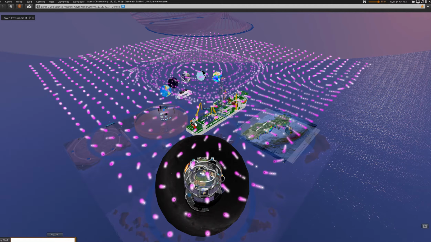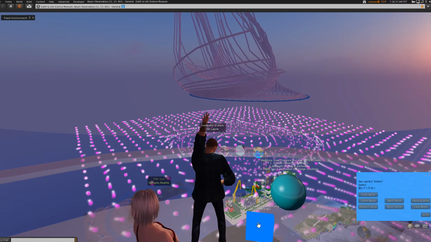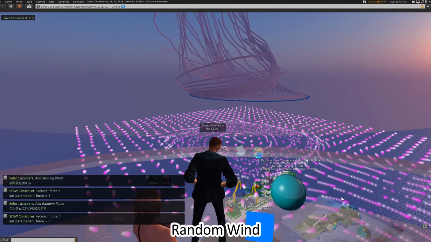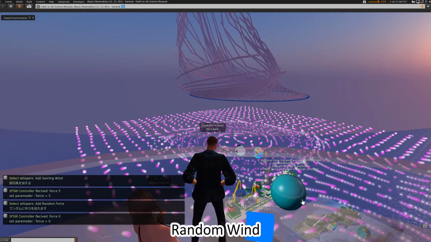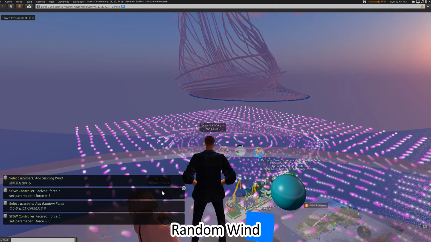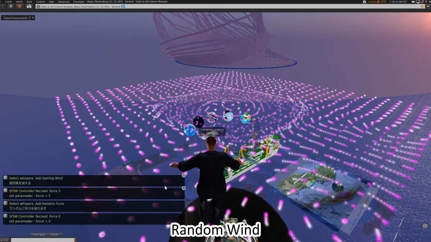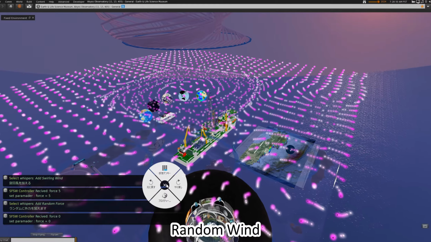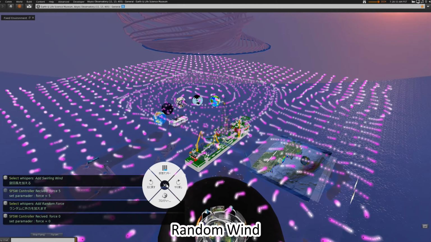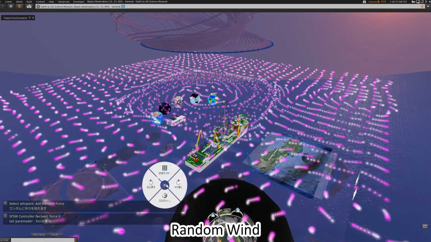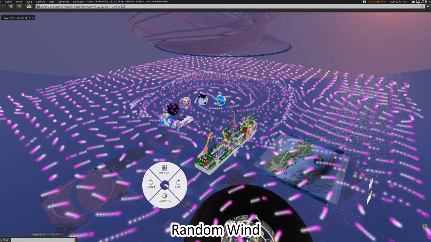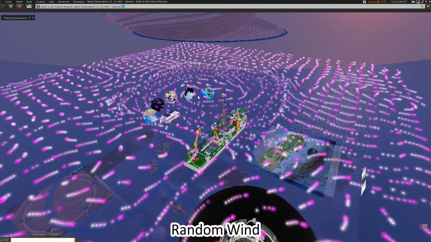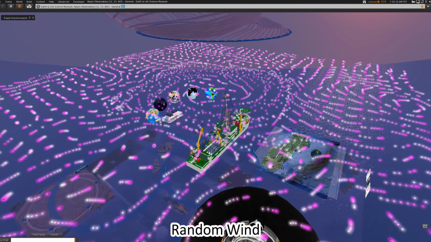The random wind. So the typhoon has disappeared.